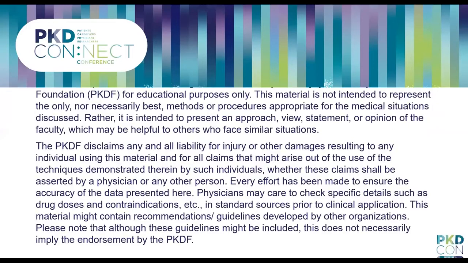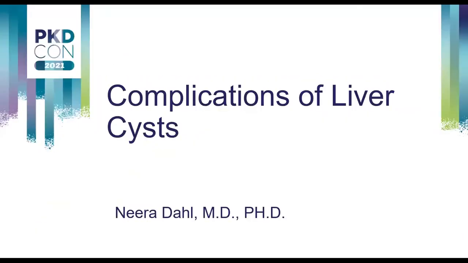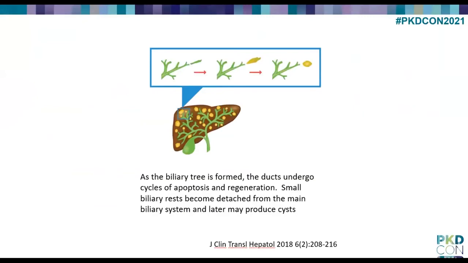My topic is going to be talking about the complication of liver cysts. So let's jump into that. Liver cysts are common in ADPKD, and the way they form, so the liver is here, the biliary system is in green here, and this is part of that, the gallbladder.